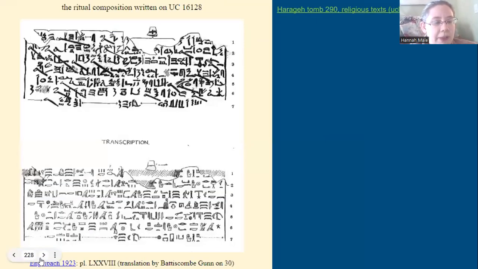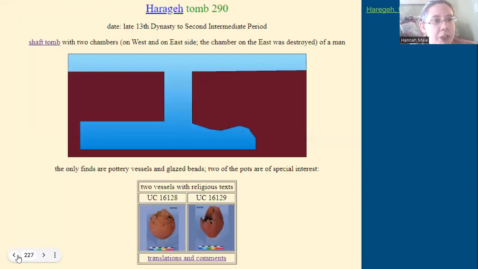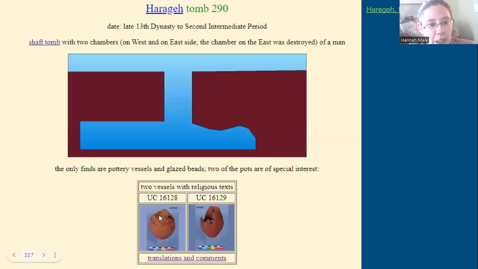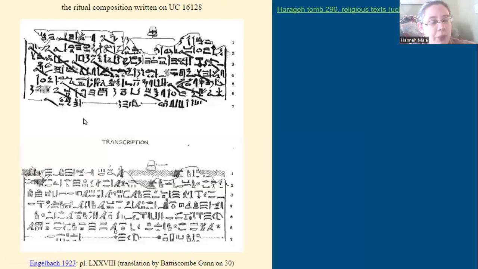So this is the Digital Egypt for Universities site, and this is an image of what is written on some of these pots. So this is 16128. So this pot here, and you can't really see it clearly, which is why I put this image up because it gives you a better sense.